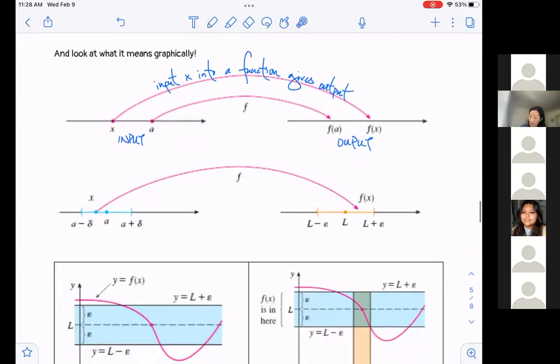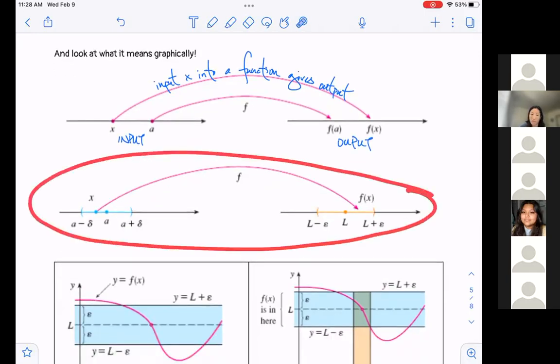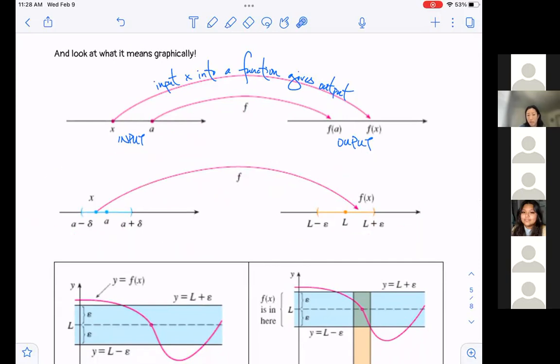All right, now let's look at this middle picture. The middle picture is a little bit different, but we're still saying that in general, if we put x in, we're going to get f of x out. But imagine instead of just taking a, you took a whole group of a's, a lot of different points in here.